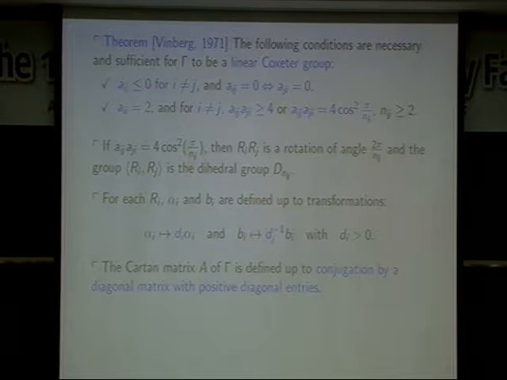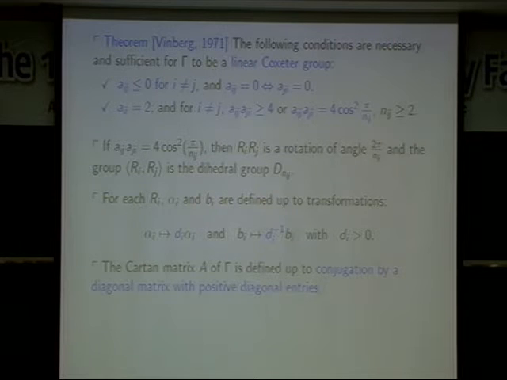So if you think about the reflection group, this gives alpha and b, the reflection vector b. But this alpha_i and b_i are determined up to the following obvious transformation: scalar multiple d_i and its inverse.